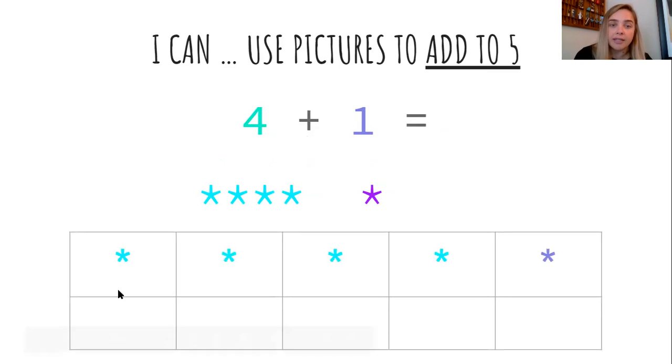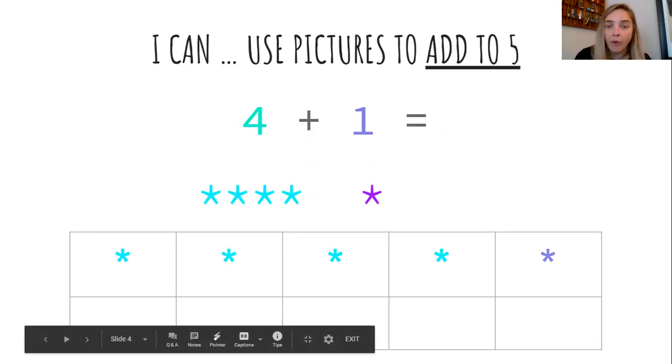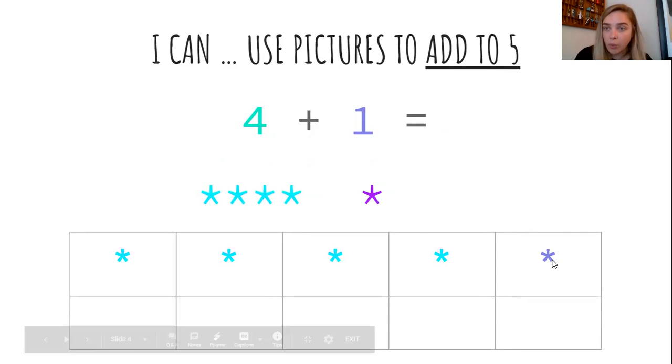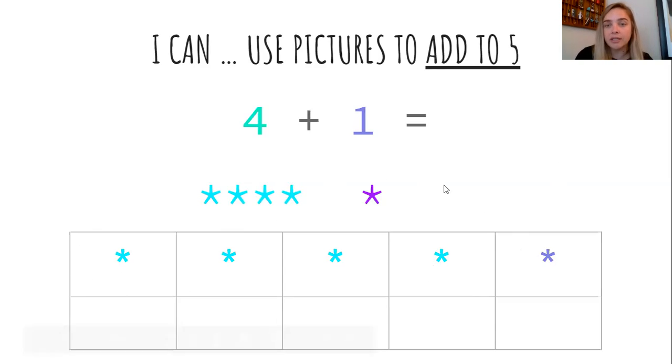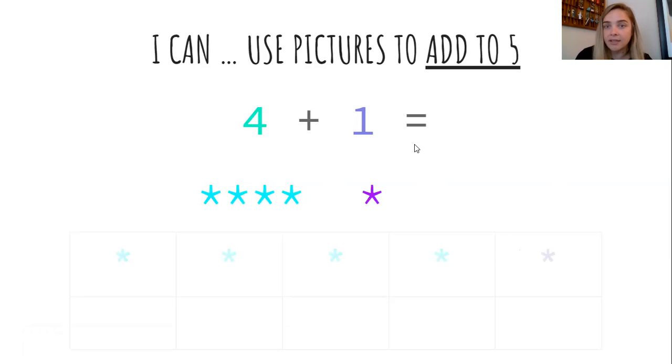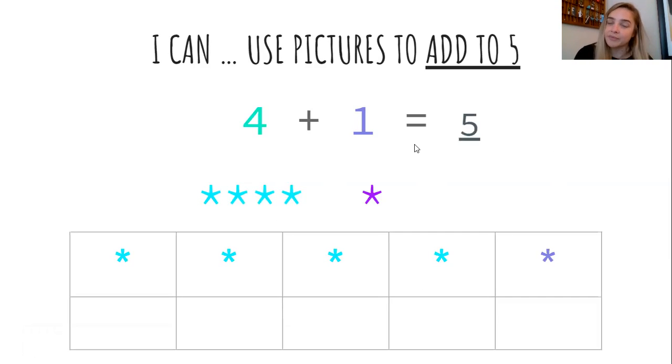So let's count. I have 4 stars here plus 1 more. So let's count how many stars I have all together. 1, 2, 3, 4, 5, or half of the top half of my tens frame. So 4 and 1 more is 5.